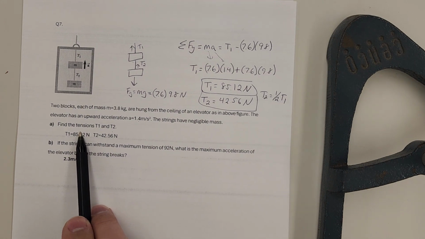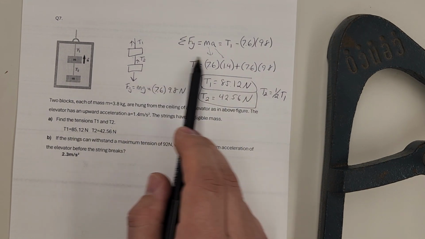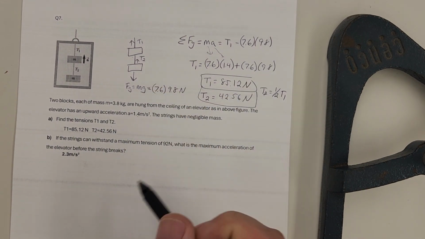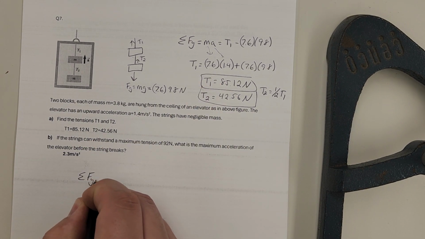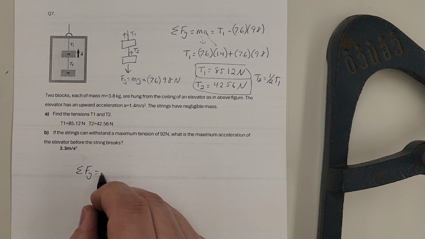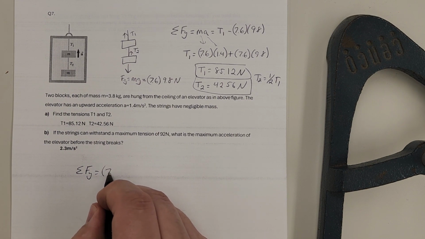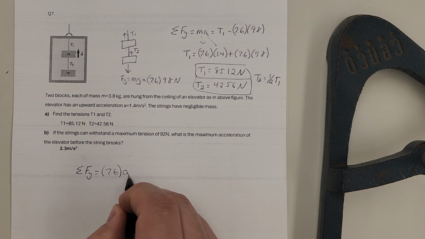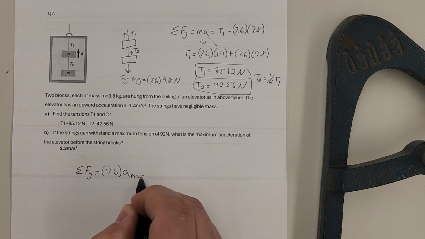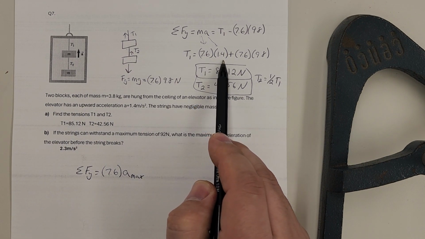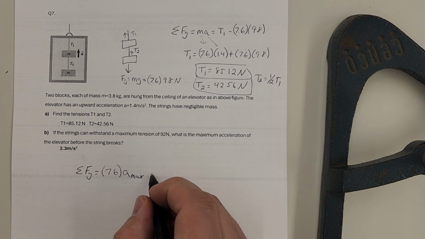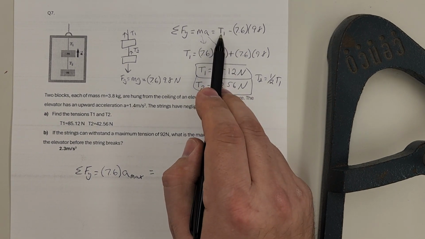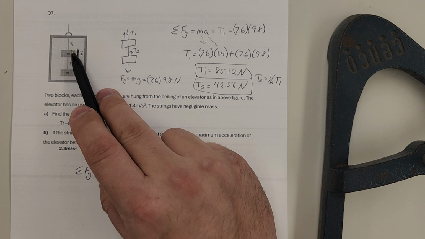So if the strings can withstand a maximum tension of 92, we only need to be worried about T1 becoming 92 newtons. So what I want to do is the same equation, that the sum of the forces in the y would be equal to the 7.6 mass times some max acceleration. So in here I'm not plugging in 1.4, because I want to figure out what the maximum acceleration would be. And I want to have that equal to T1, which is going to be the maximum tension.